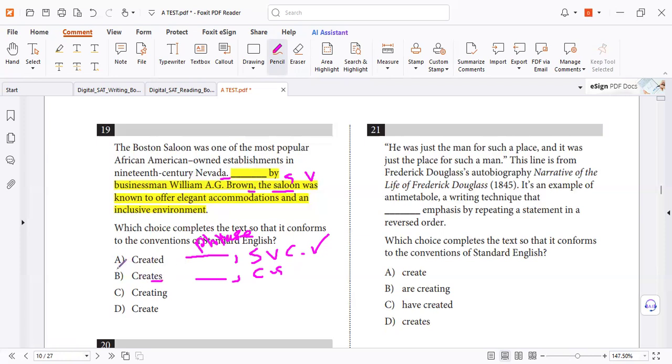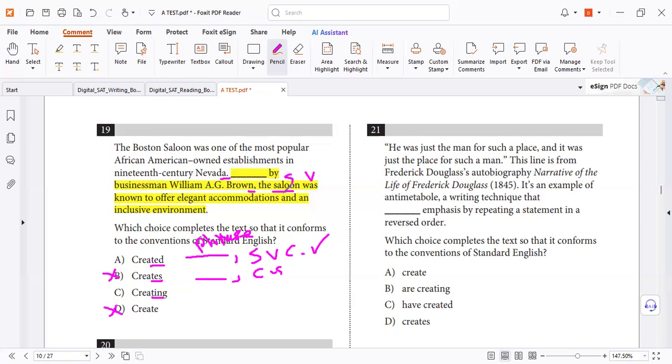This is a verb. Present simple is wrong. I need a phrase: a past participle phrase or a present participle phrase. Now you are in a big trap. Created is passive, creating is active. I told you. So what or who was created?